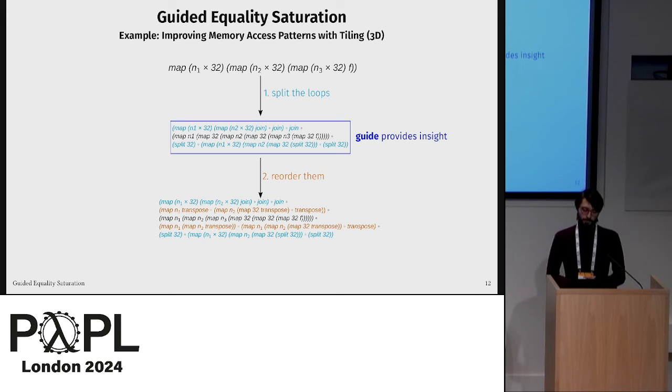I think it would be very interesting to think about expressing guides as database queries. So I would say it's possible, and maybe even allows a richer language of guides.